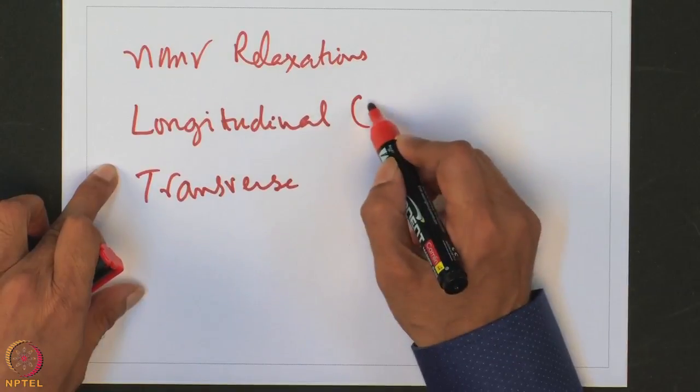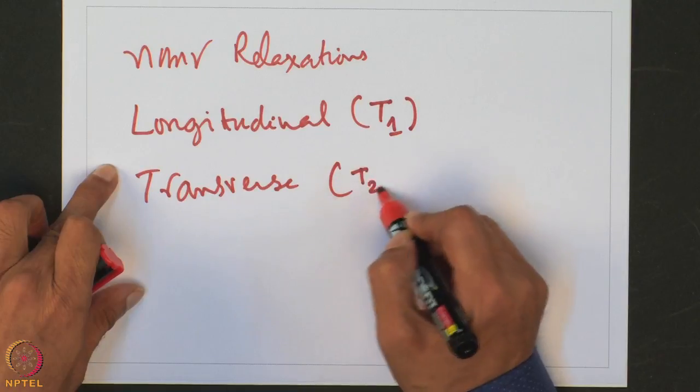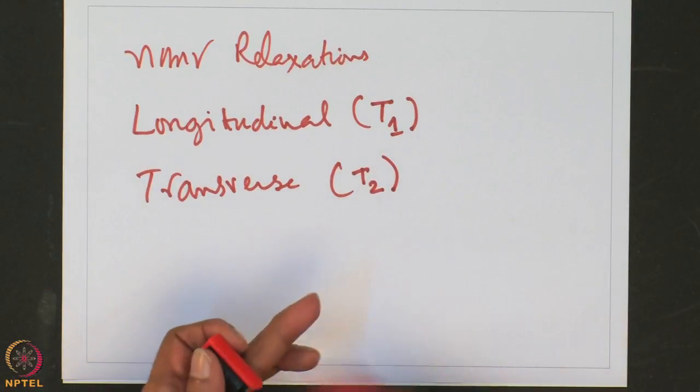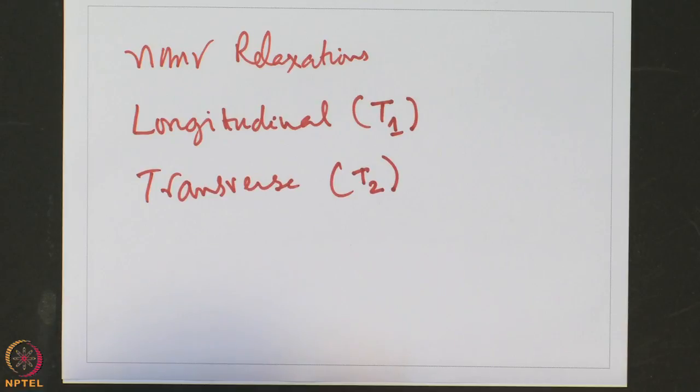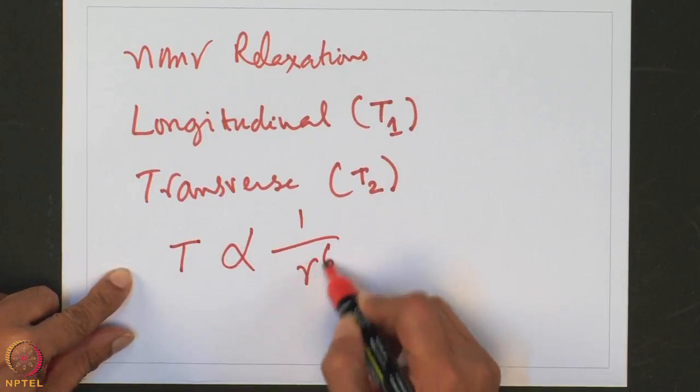So I will not go into details of these. It's called T1, it's called T2. So these are again influenced by the protein conformation and the dynamics too. Okay. And the other thing is that they influence different centers of the proton, if it is a proton spectrum, based on their distance. Okay. So these relaxation times, the T is proportional to 1 by r to the power of 6.